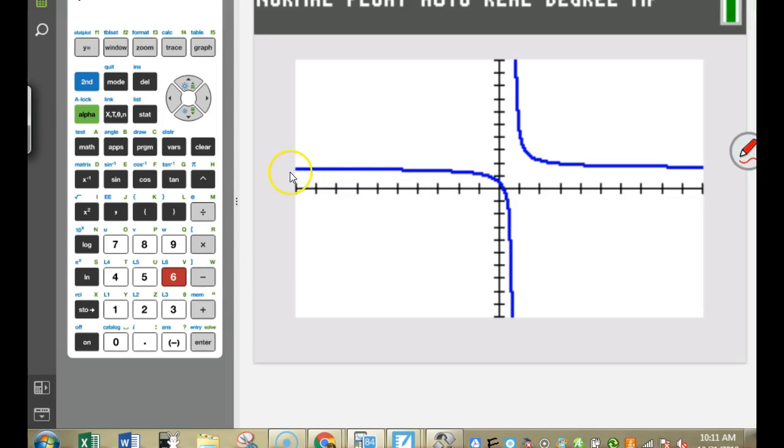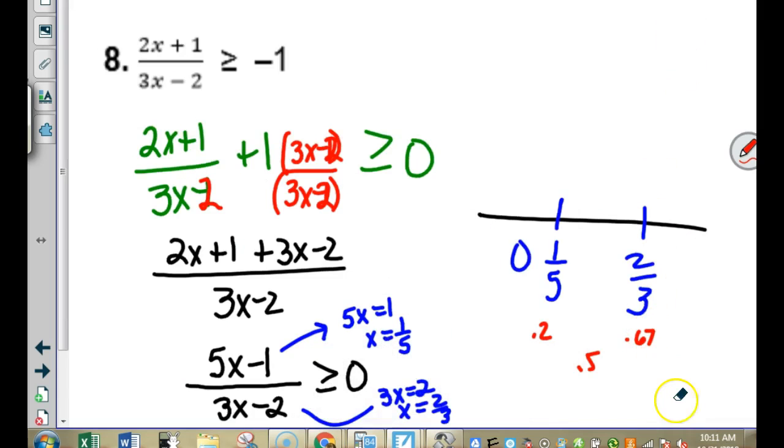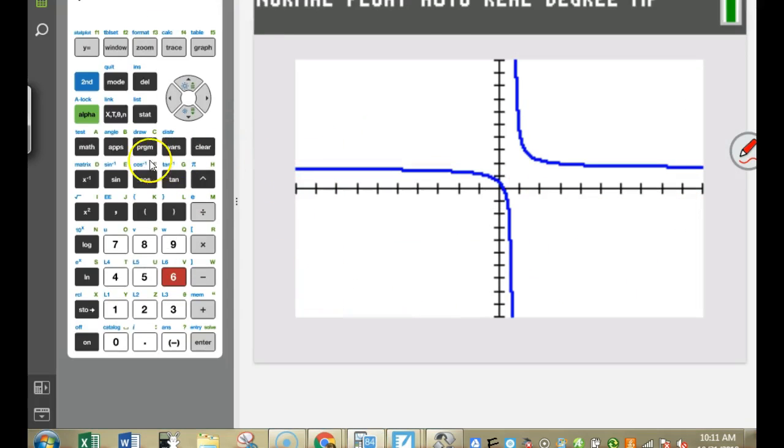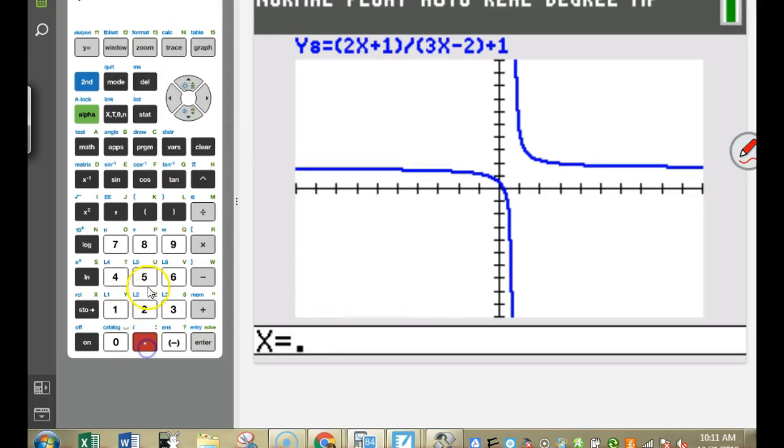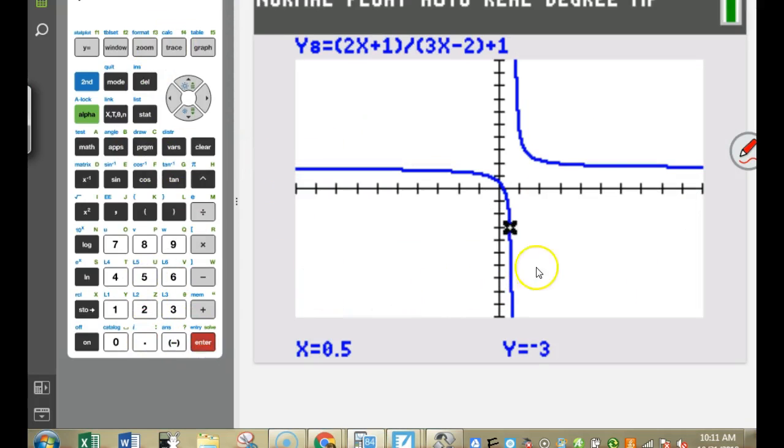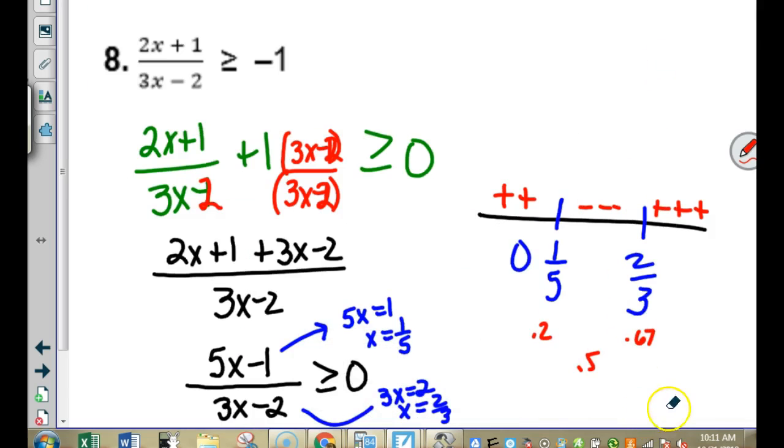Okay. So it's positive, positive, positive, then negative, then positive, positive, positive, right? So the only place it's negative is positive, negative, positive. We said 0.5, right? I just want to check that trace 0.5 is indeed negative, okay? So greater than or equal to 0.